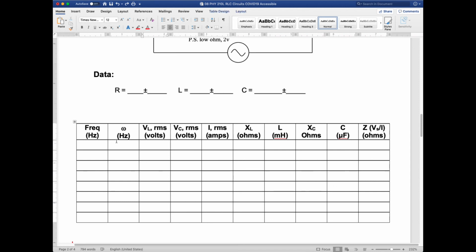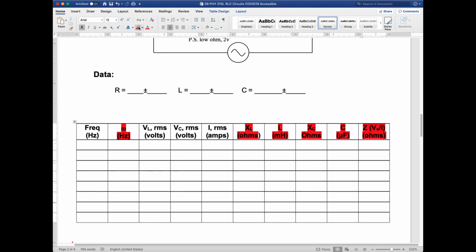Let me tell you the quantities you're going to calculate. You'll be calculating X sub L, L, omega, X sub C, C, and Z.